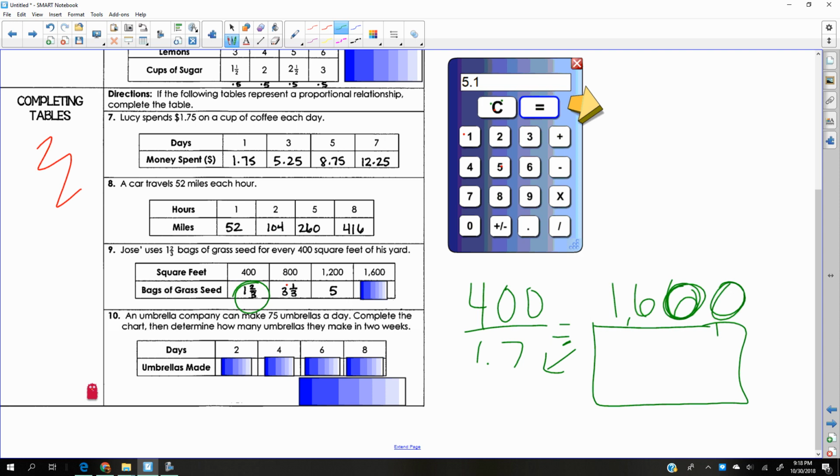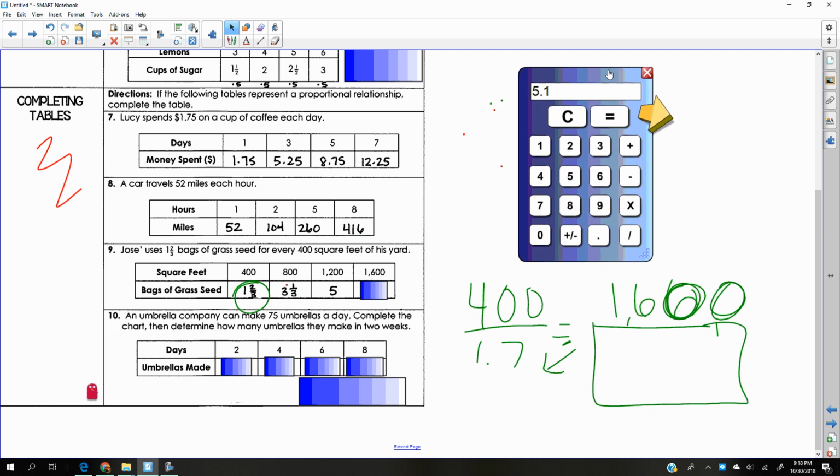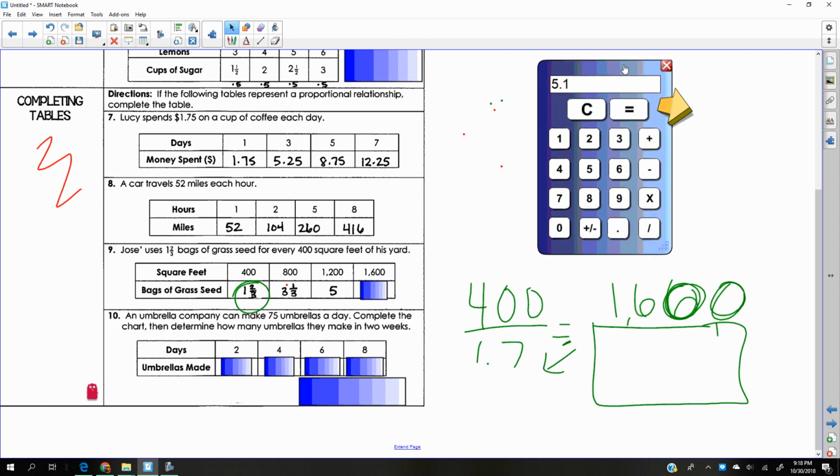Pause the video, do it yourself, okay, and then come back and check it. All right, you came back. Did you do 1.7 times 1,600 equals, and then divide that by 400, and you get 6.8, or 6 2/3.